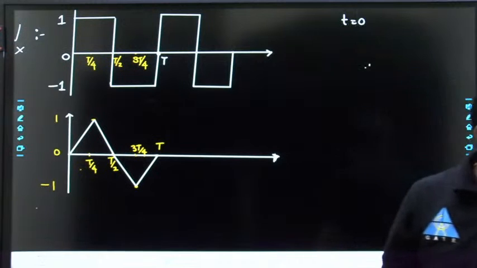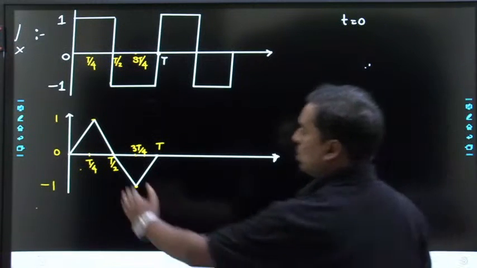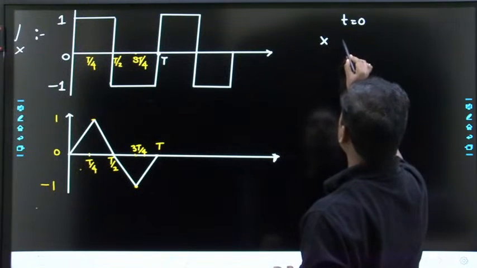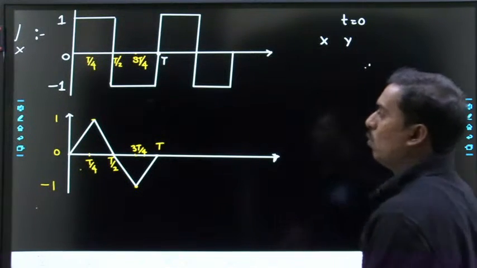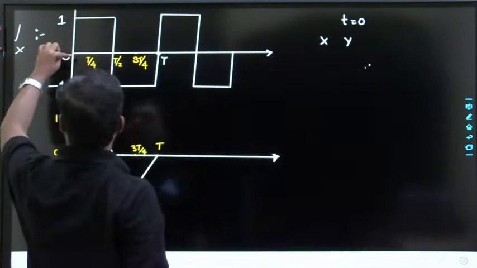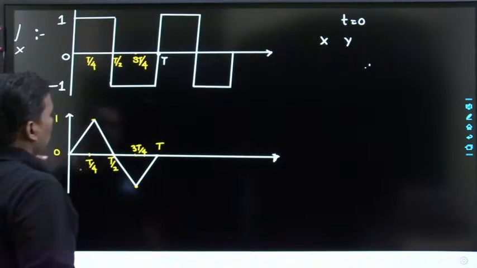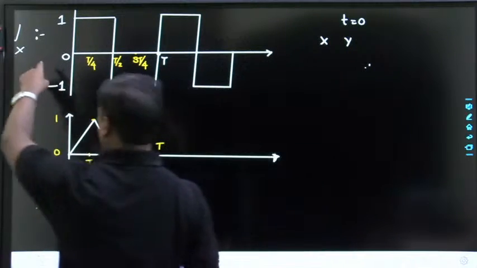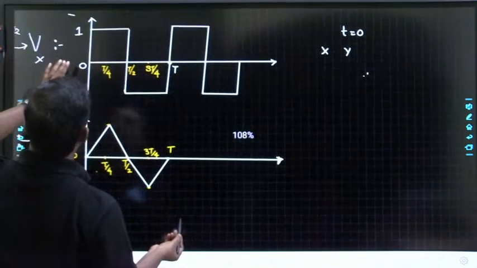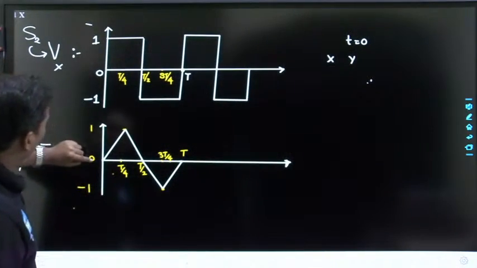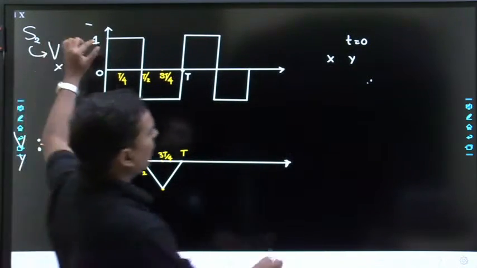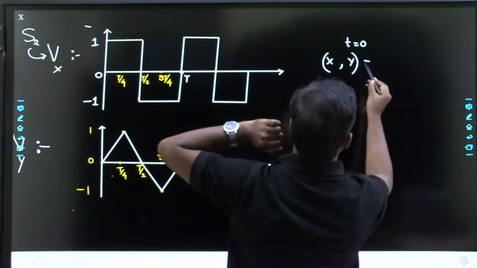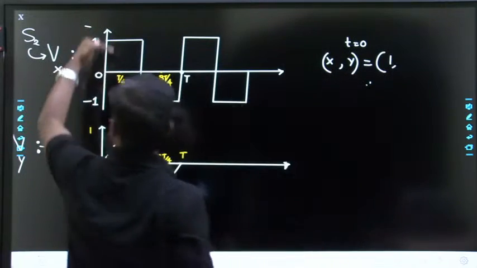Dear students, following all of you. At t is equal to 0, tell me, what is x, what is y? That means voltage applied to the x plates is 1, and voltage applied to the y plates is 0. So x comma y is 1, 0.